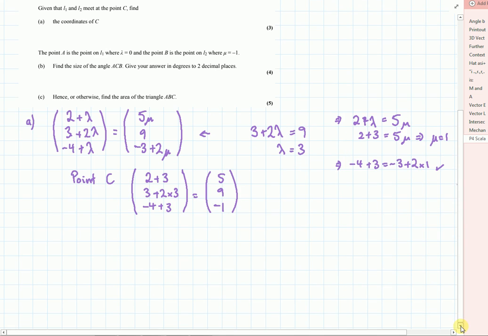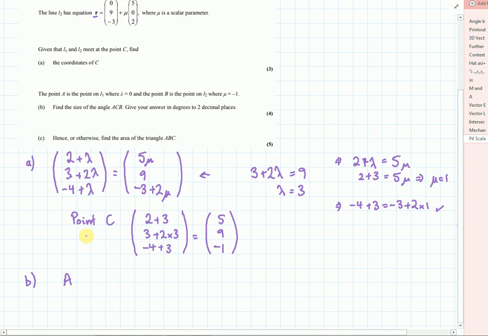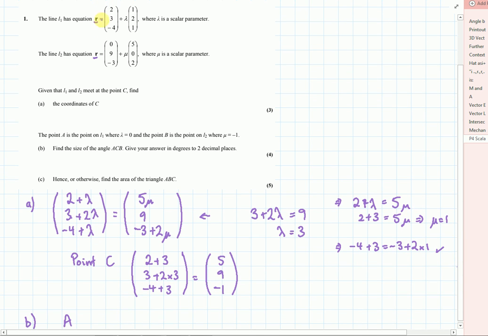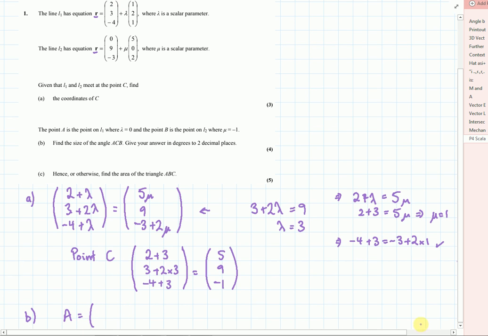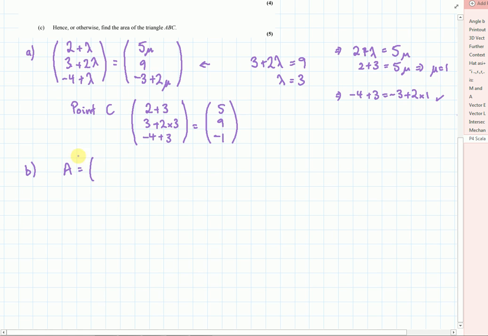So first of all, let's find the position A. A is where we've got 0 in, so that is just straight into this value here. 2, 3, minus 4.